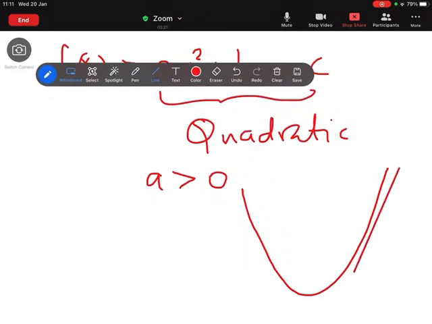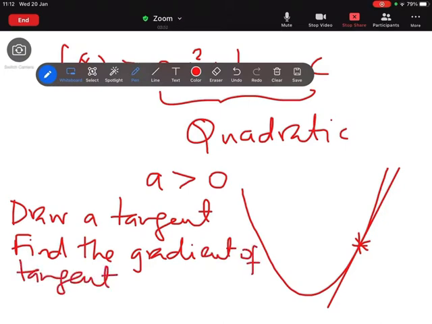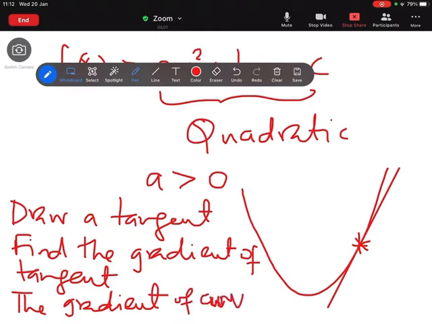Now, if you're being asked to find the gradient at a particular point on the curve, you would be required to draw a tangent and find the gradient of the tangent, which then gives you the gradient of the curve at that particular point.